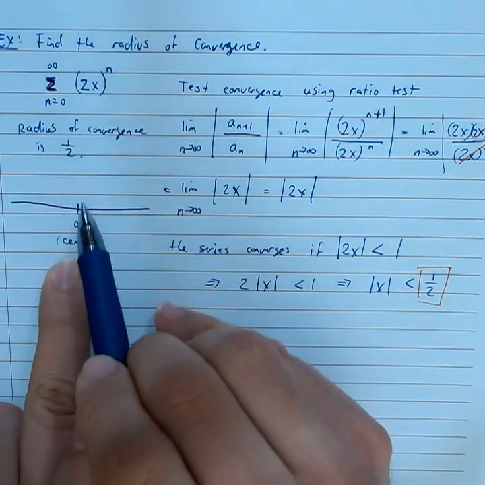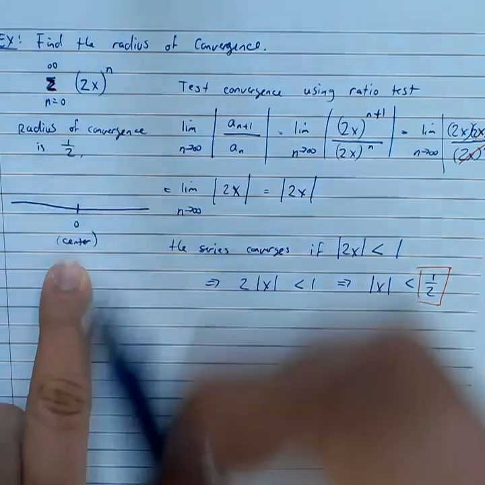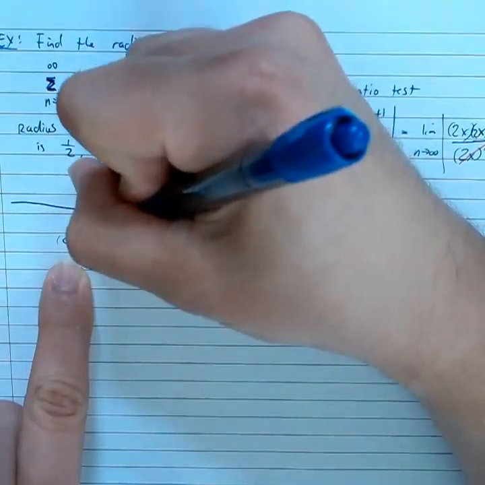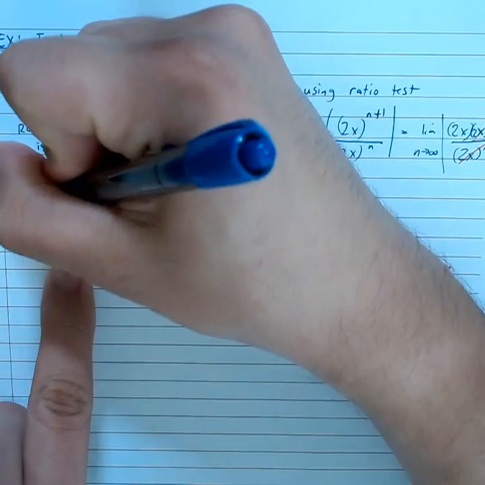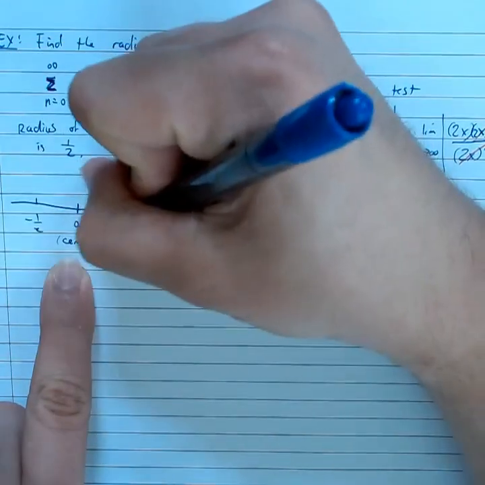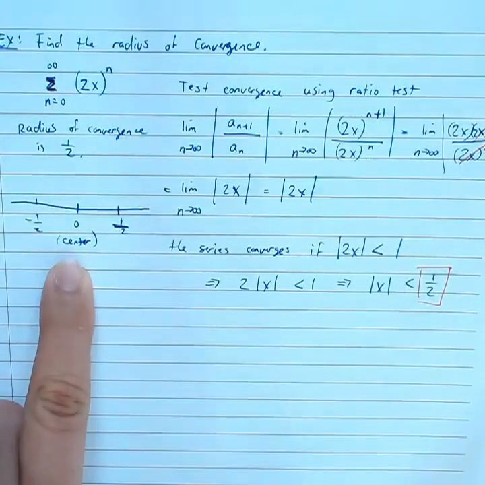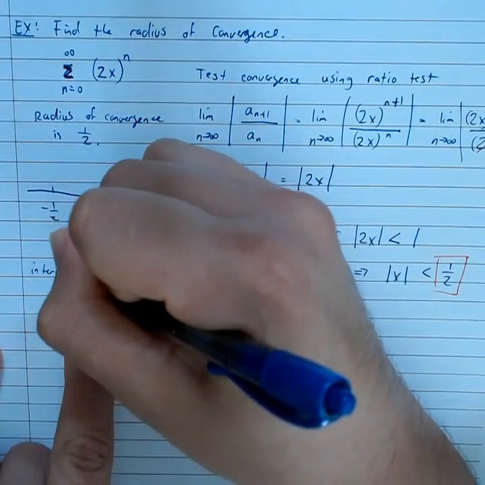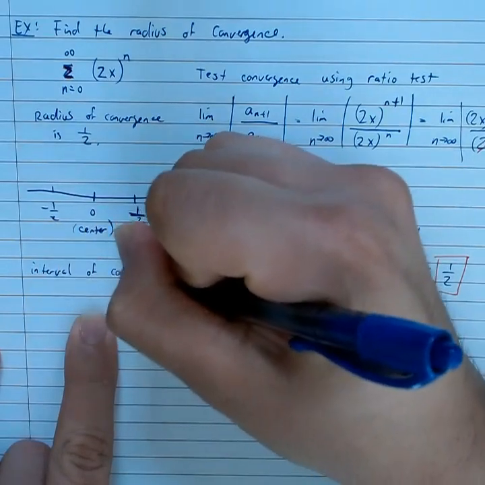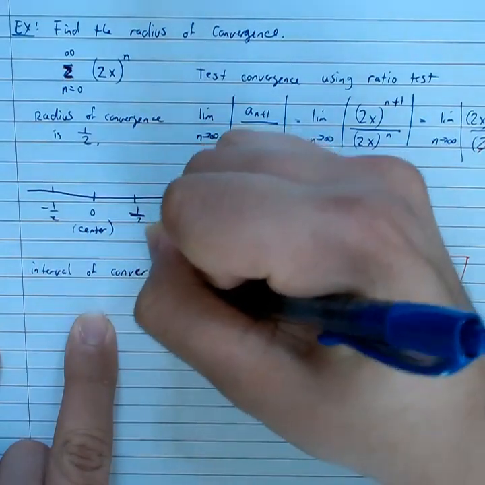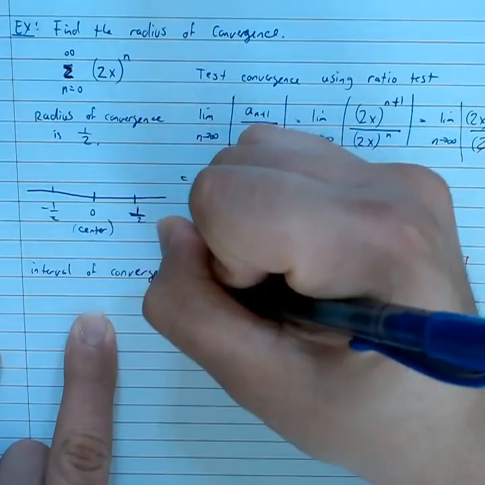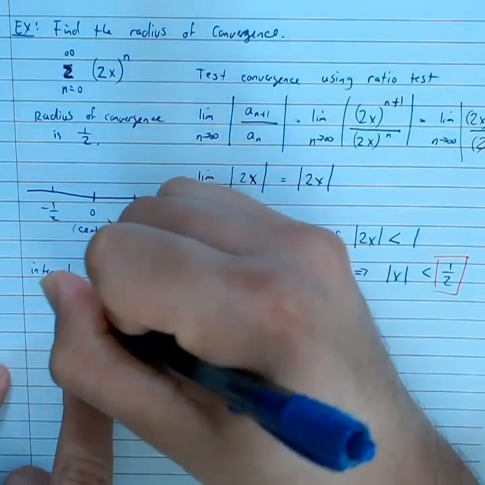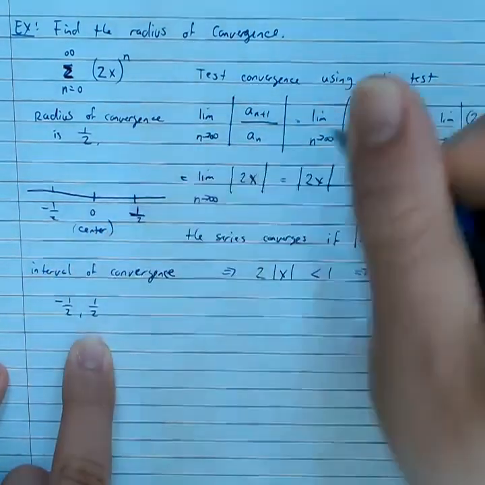And now we're saying that from that center, you can go out as far as 1/2 of a unit in either direction. So here that's minus a half, and that's plus a half. Like that, right? So that means that our interval of convergence is given by the numbers between minus a half and a half.